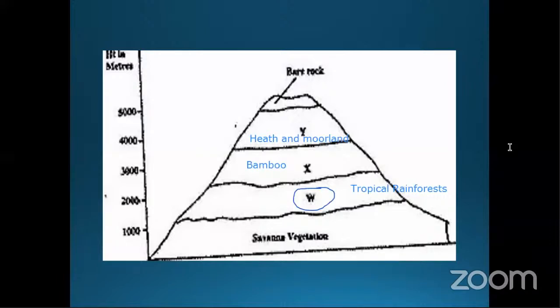Let me hear from Jesse. Relief and topography of the landscape.